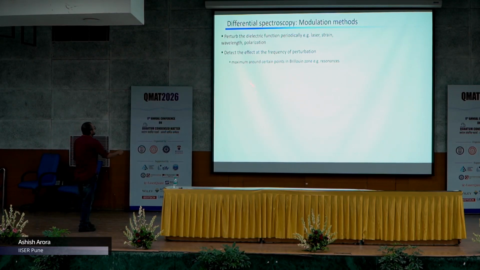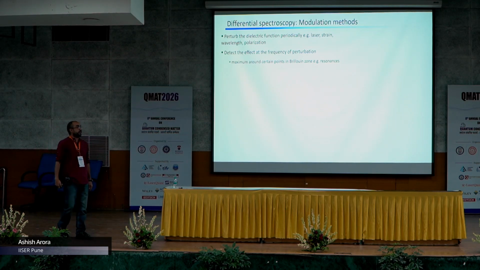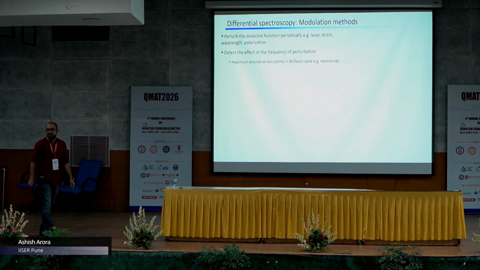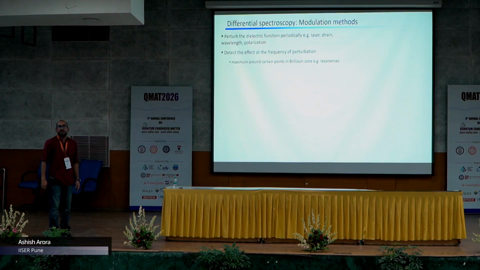When we detect the signal at the frequency of this perturbation or modulation, we measure the difference between two different states, say two different polarization states in this talk. This difference is maximum around certain points in the Brillouin zone, which are connected with some resonances. And even if these are weak resonances, we will have a strong signal around them.